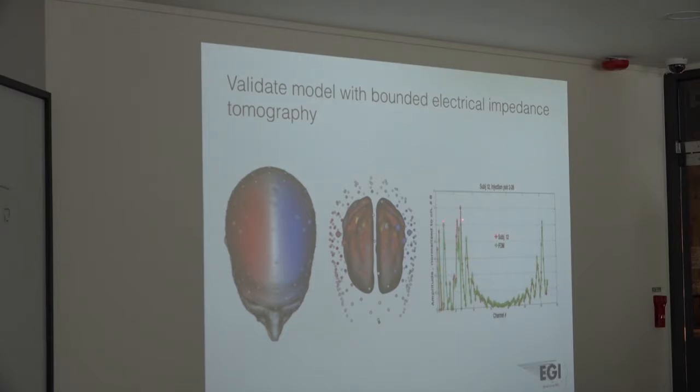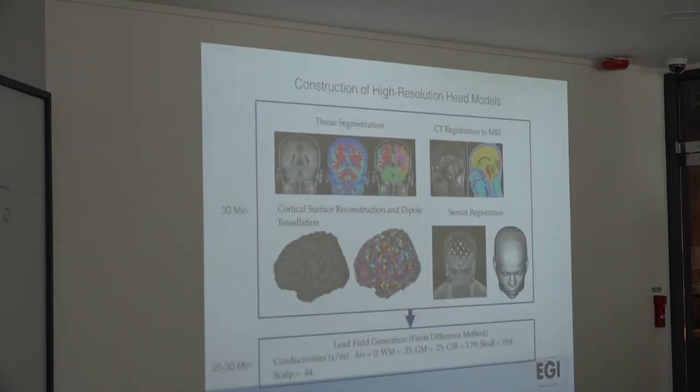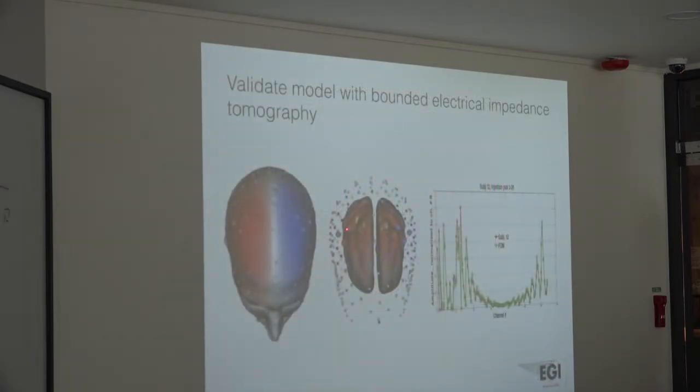We plot it. In our high resolution head model that we build, we can predict if we injected current through these electrodes and measured it in our model at all these other sensors, how does it compare to the real world? Okay? So you can see here when we do that, the data, which is red, matches up very well with green.